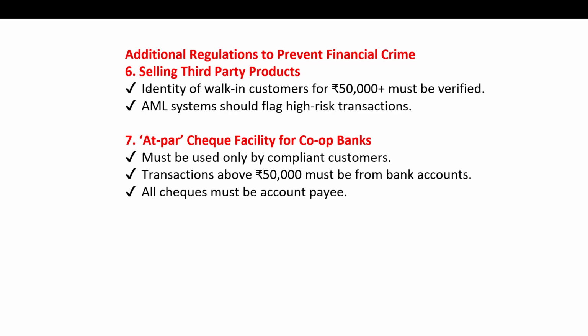Selling third party products: if the bank is selling products of other companies, then the bank must verify the identity of walk-in customers for 50,000 or more. It keeps proper transaction records, uses AML software to generate alerts, and allows 50,000 and above transactions only through bank accounts or check after PAN verification.